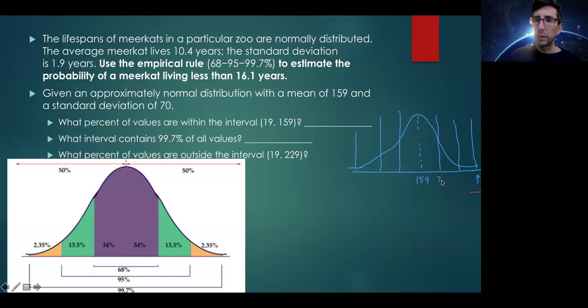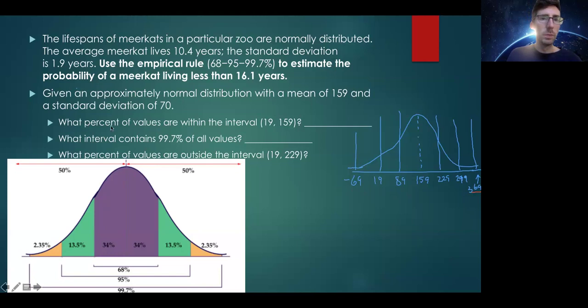So if we add 70 to 159, we'd get 229. We add 70 to 229, we get 299. And if we add 70 more to 299, we'd get 369. Now, if we subtract 70, we get 89. Subtract 70 from 89, you get 19. And then if you subtract 70 from 19, you get negative 69.